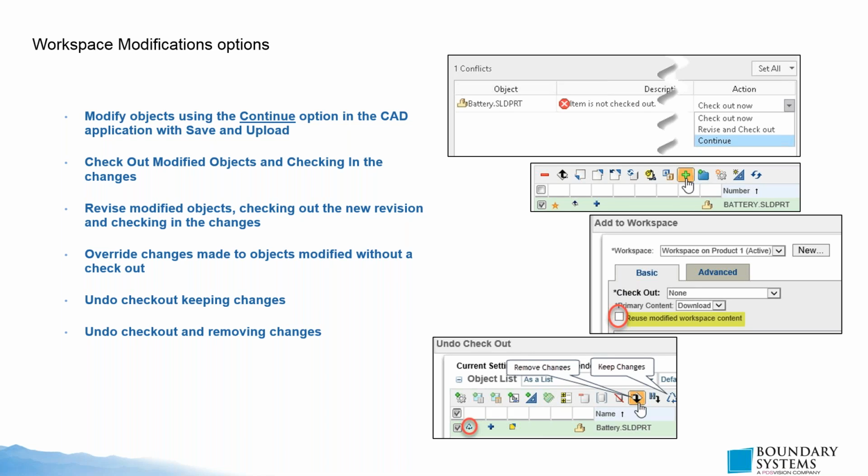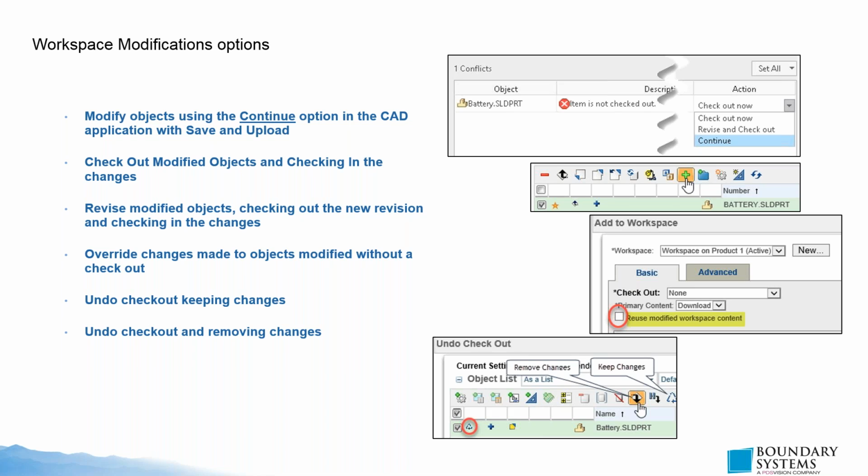But nobody wants to commit to a new ECN or a new revision or anything like that. So potentially what you could do is take that data, even though it's released, add it to the workspace, retrieve it, and as you attempt to modify it, the system should prompt you with whether to select continue checkout or revise and checkout.